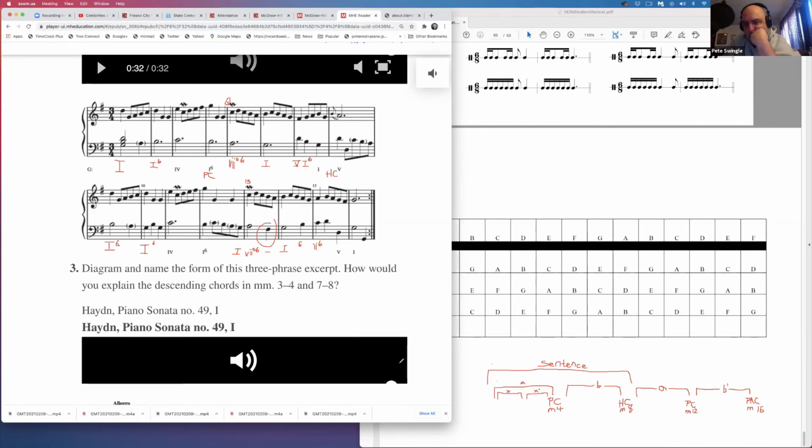So they're saying that this two-measure idea is melodic but doesn't cadence, and then it's repeated. And then we have material that leads to a cadence, which is that.